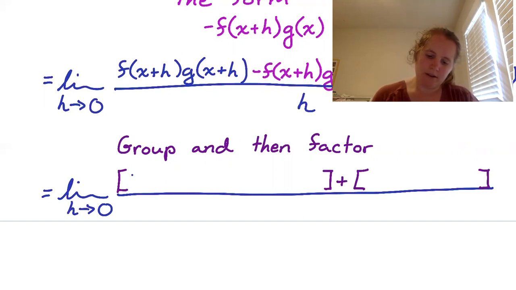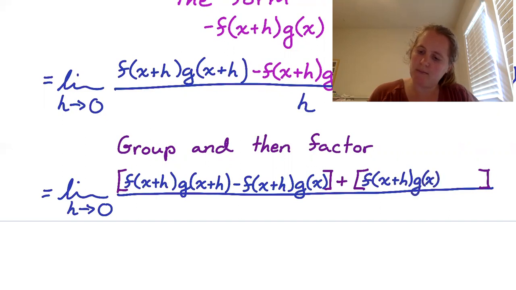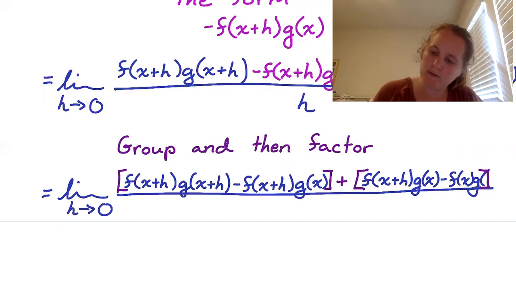So we have f of x plus h times g of x plus h minus f of x plus h times g of x. And then we have in the other group f of x plus h times g of x minus f of x times g of x. Again, I didn't give myself enough room. And that whole thing is divided by h.